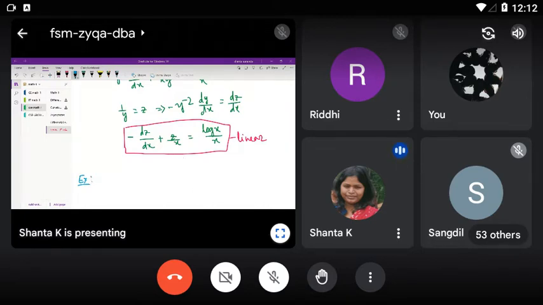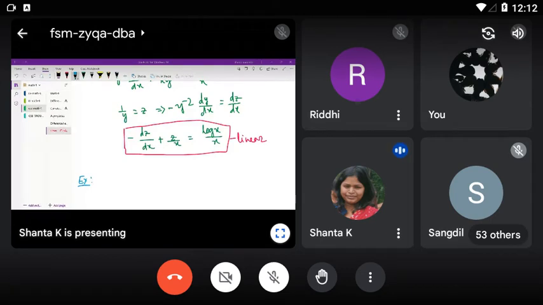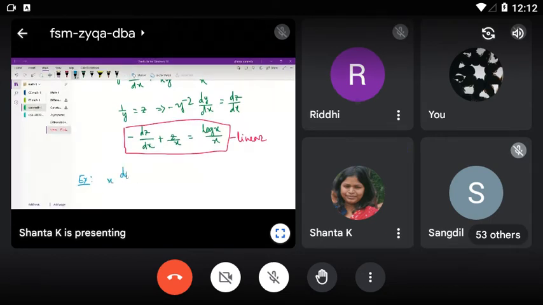We are able to reduce it to dx by dy minus x plus 1 by y.